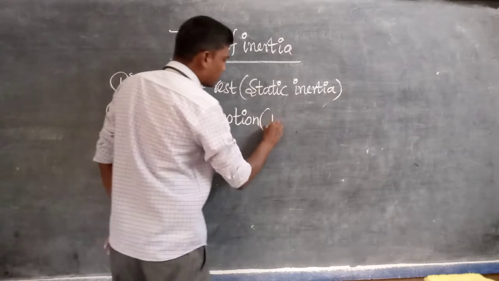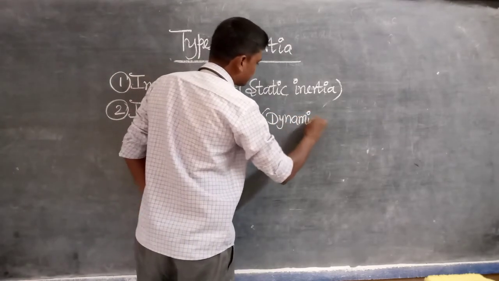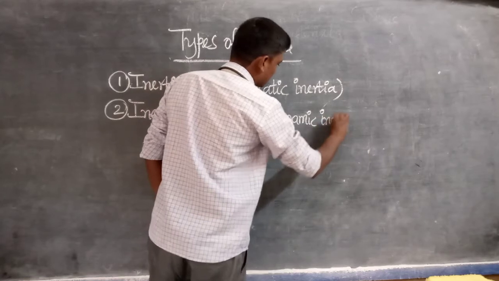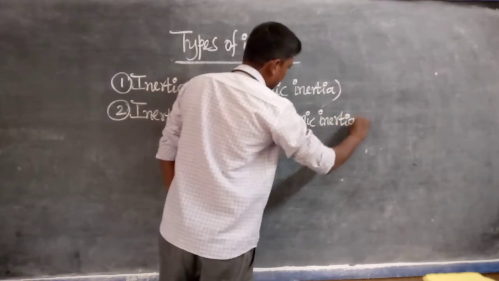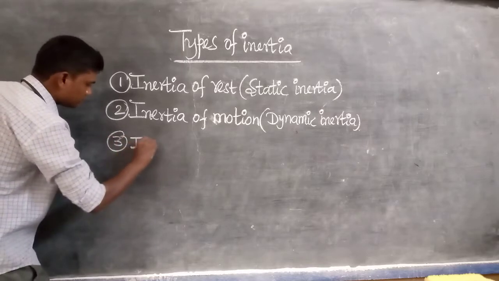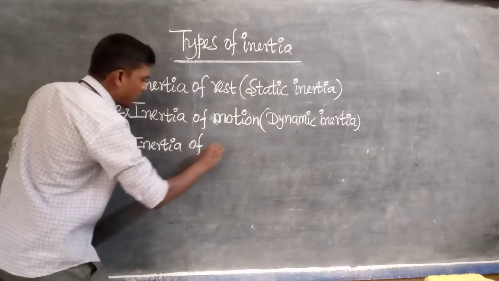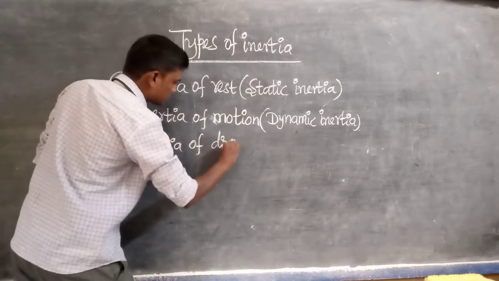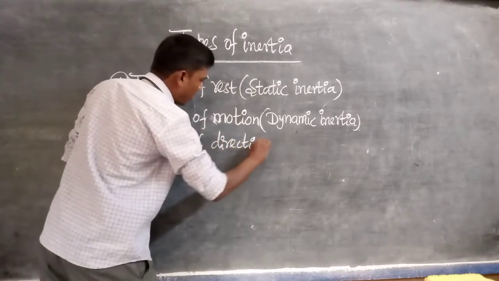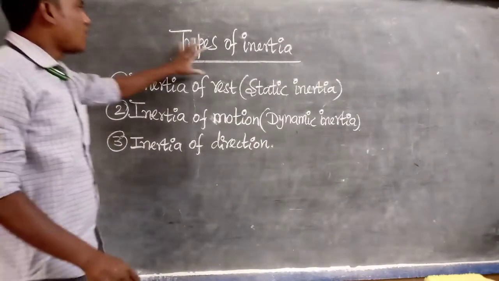It is also called kinetic or dynamic inertia. The third one is inertia of direction. These are the types of inertia.